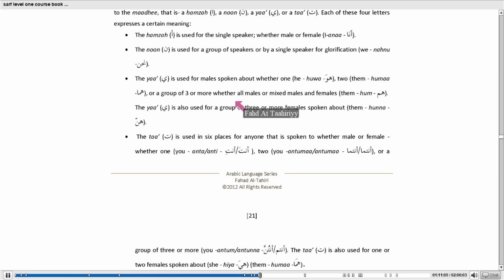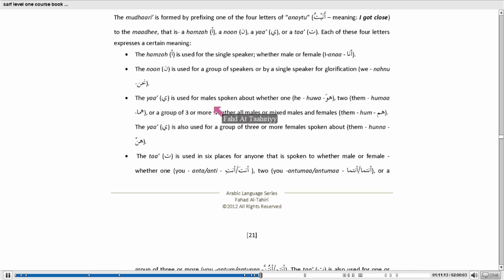Basically the ya is used mostly for the spoken about. That puts it in a nutshell. The ya is used mostly for the spoken about.